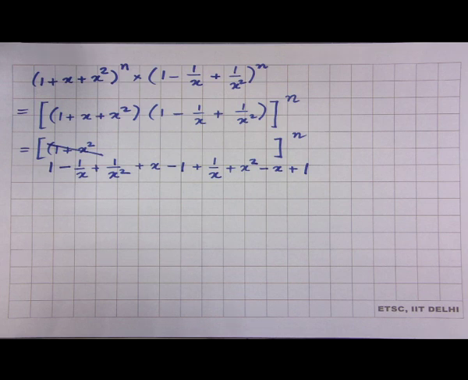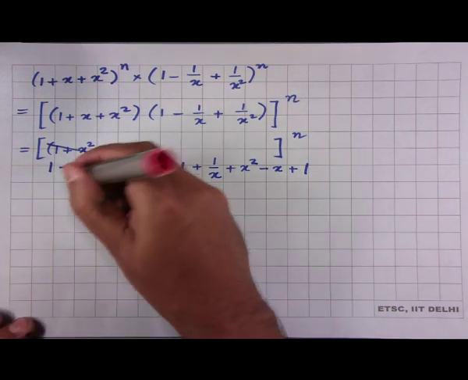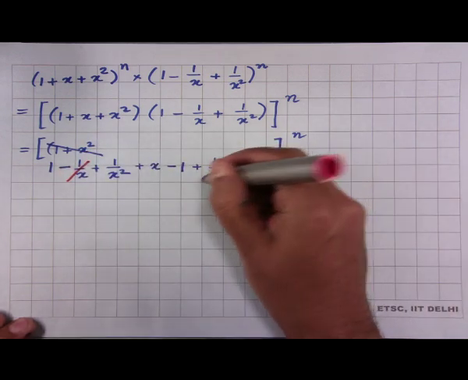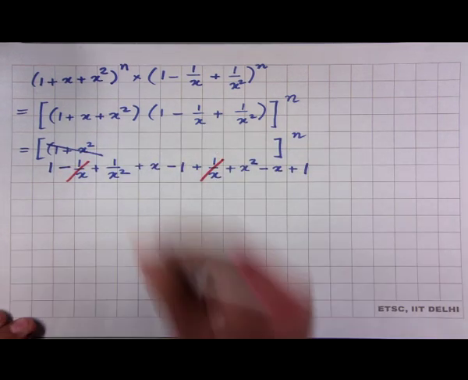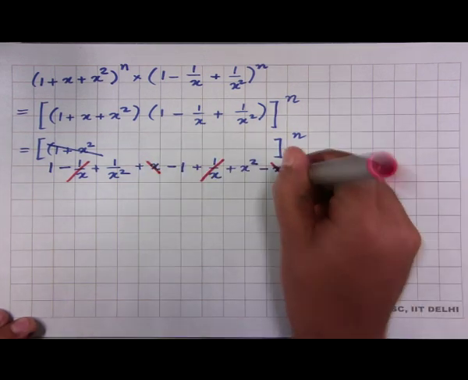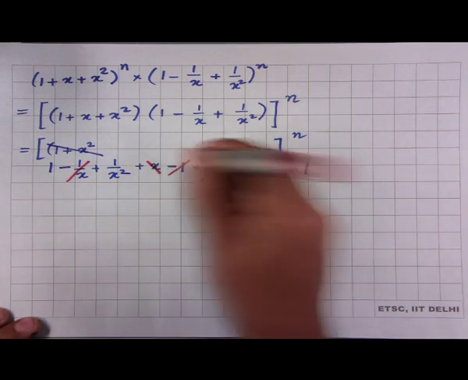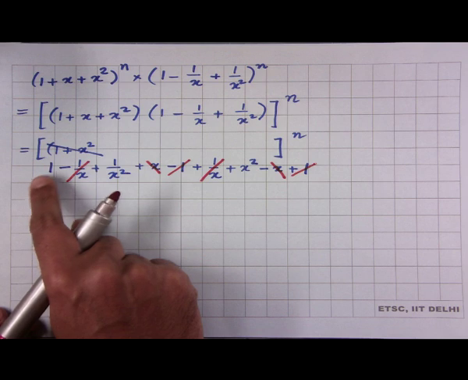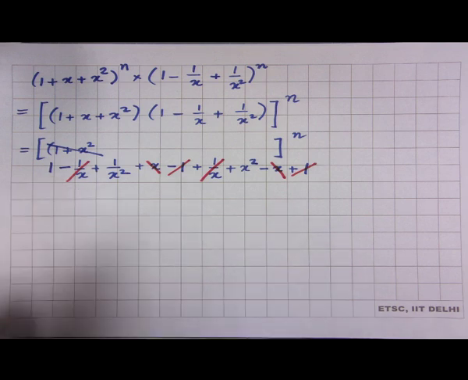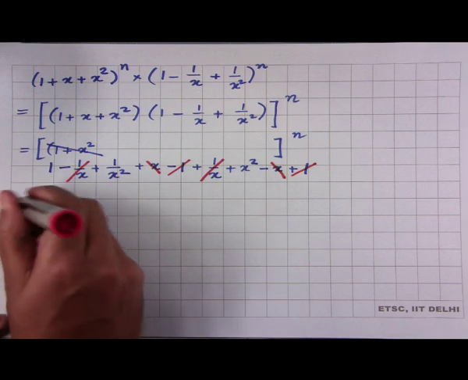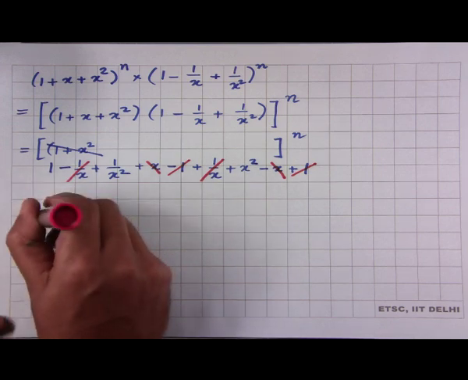And then there is a lot of cancelling out. This 1 by x cancels out with the next one, the x cancels out with the minus x, and there is a minus 1 that cancels out with a plus 1, although one of those 3 remains.